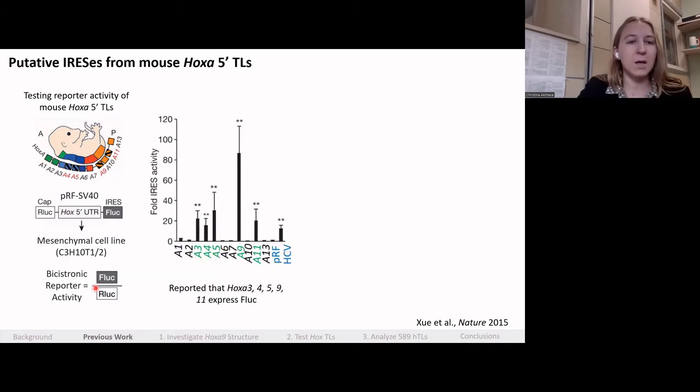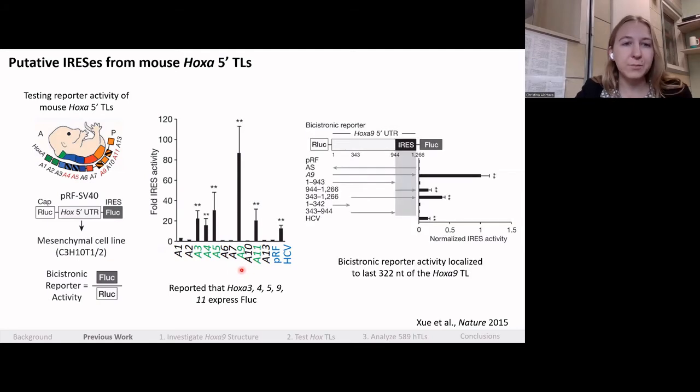So from this, they measured the different F-Luc activities for all of these Hox transcript leaders, and they found several of the Hox transcript leaders seem to have significant F-Luc activity. So for example, the Hoxa9 transcript leader had the highest F-Luc activity in this bicistronic reporter assay.